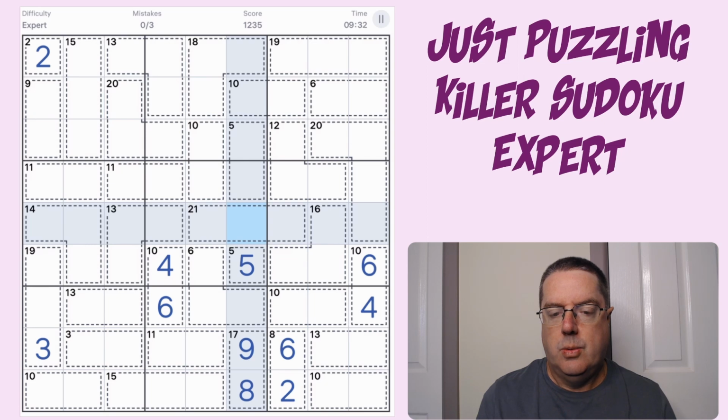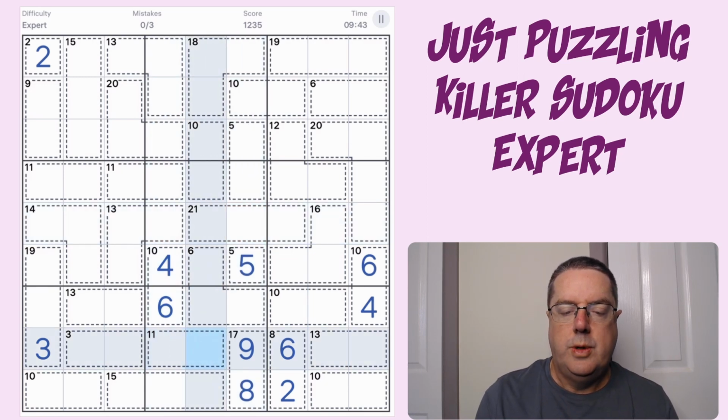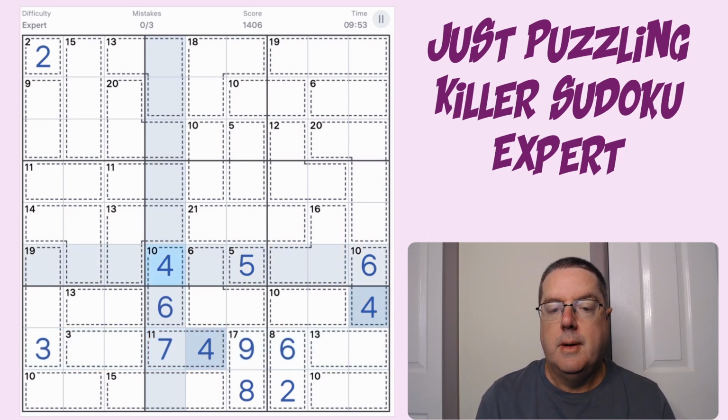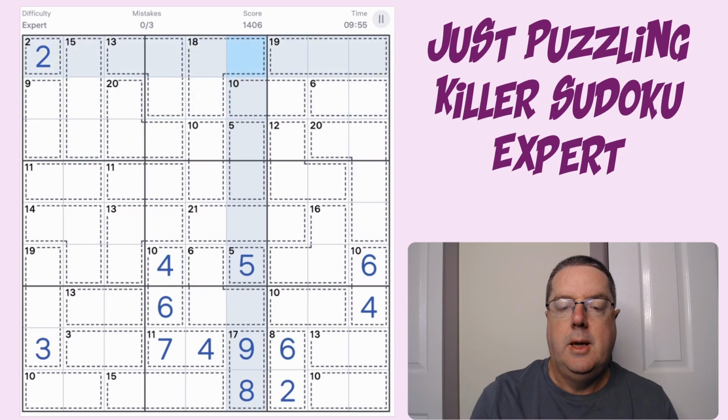3 can be up there or there. 7, 4 is interesting. So that's 4, 7. Can't believe I didn't see that. So 4 is going to be here, here, or here.